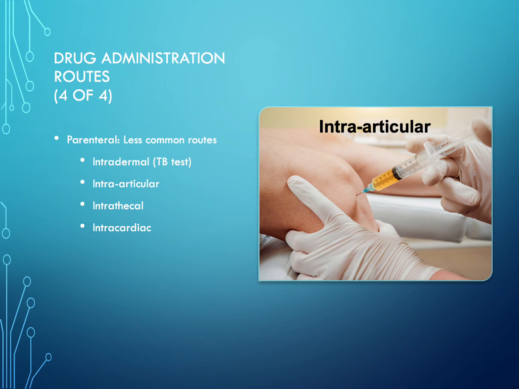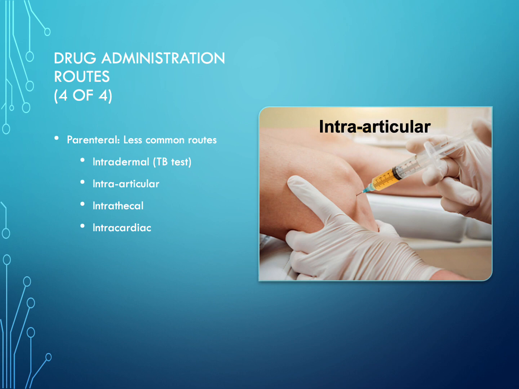Intradermal injections are given between the layers of the skin, and our TB test, or allergy testing, is done this way as well. Intraarticular medications are given into the joint space. An example would be some sort of anti-inflammatory agent, such as dexamethasone.